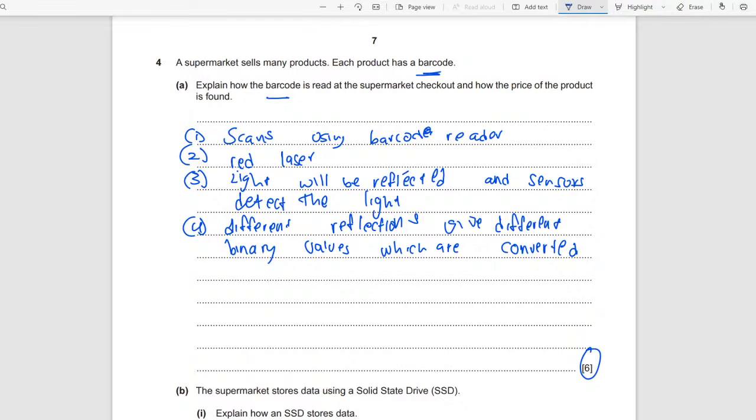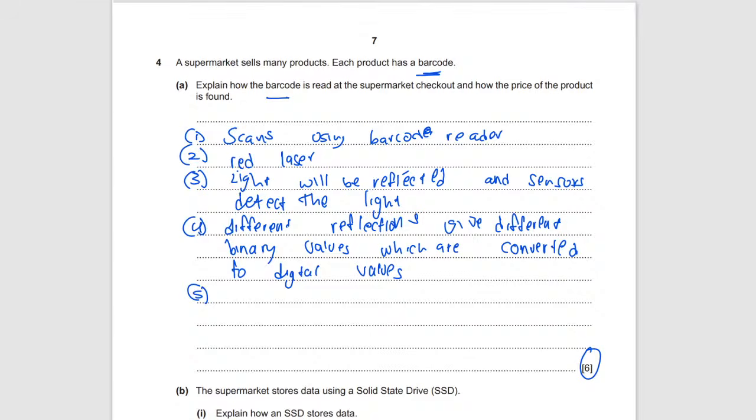And then number 5, we write that microprocessors will interpret this data and then finally execute the data. So it's as simple as that.